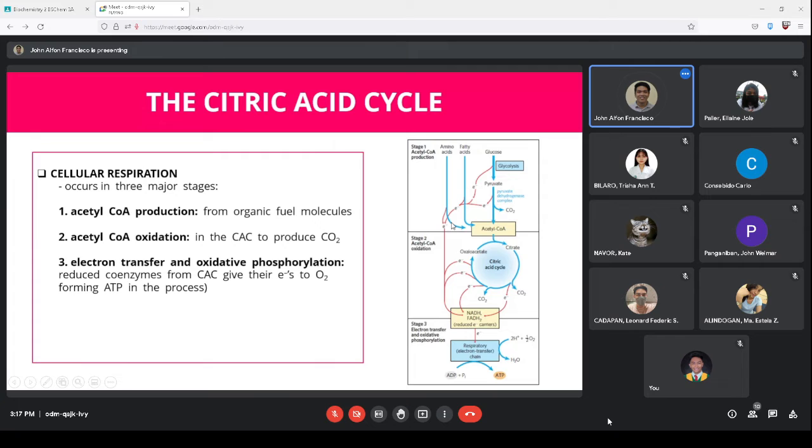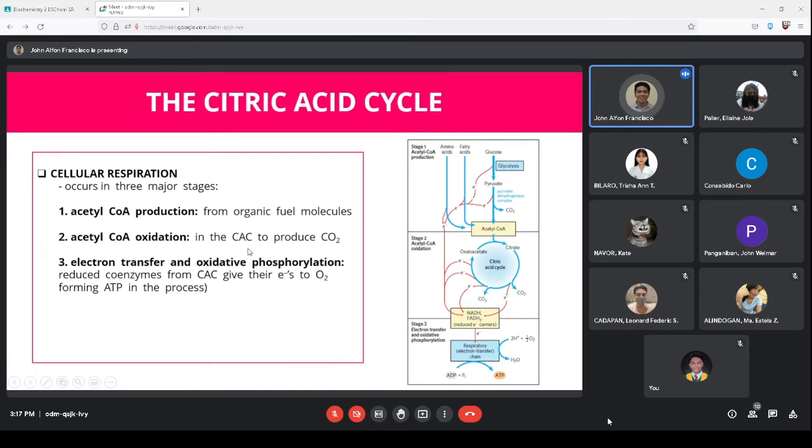Okay? So cellular respiration has three major stages. One is acetyl-CoA production, making acetyl-CoA, which turns out to be the main component in the citric acid cycle.